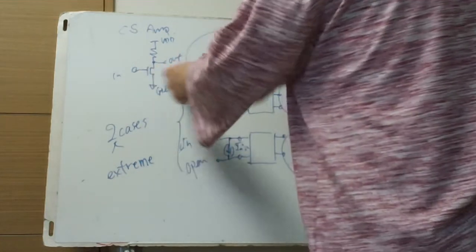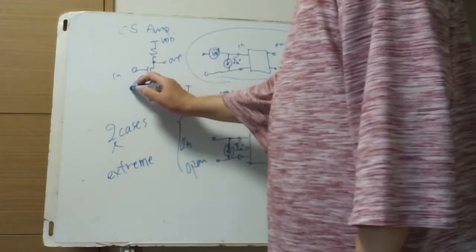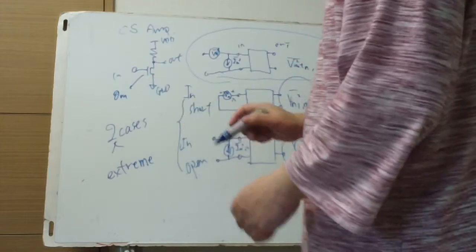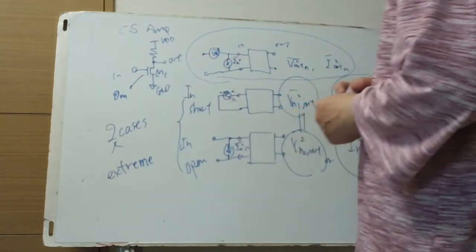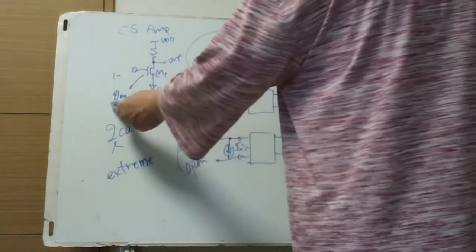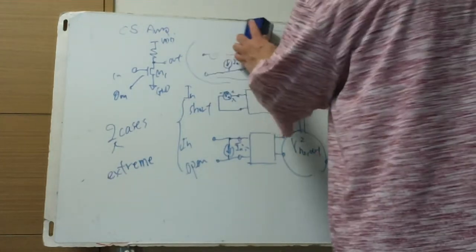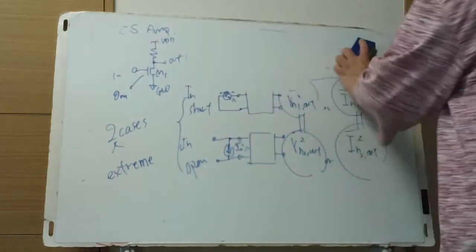So in this common source case, what is the output voltage noise? This is NMOS M1, which has a size giving a transconductance value of GM.